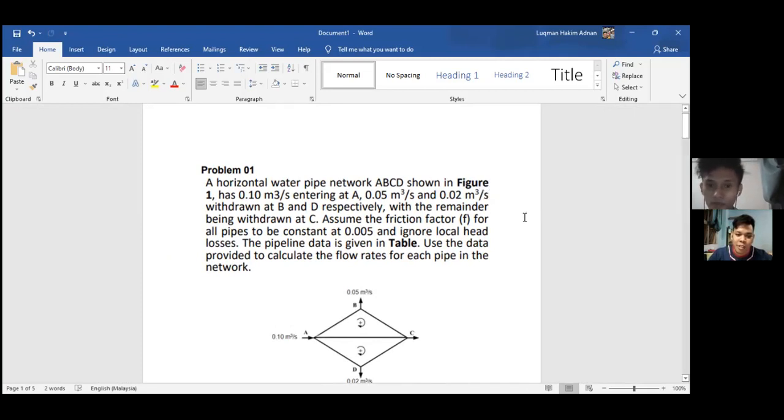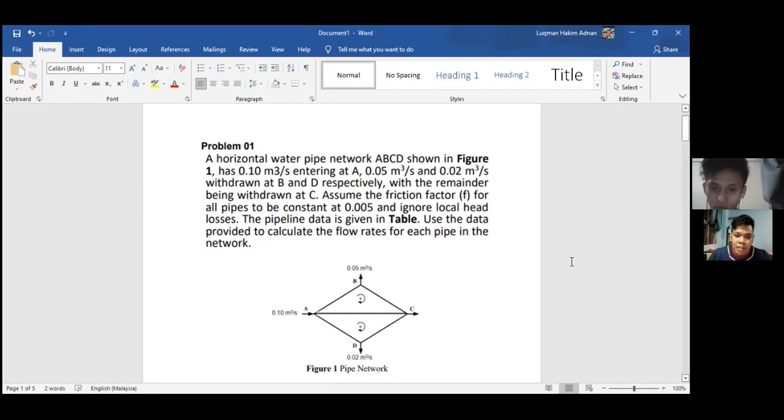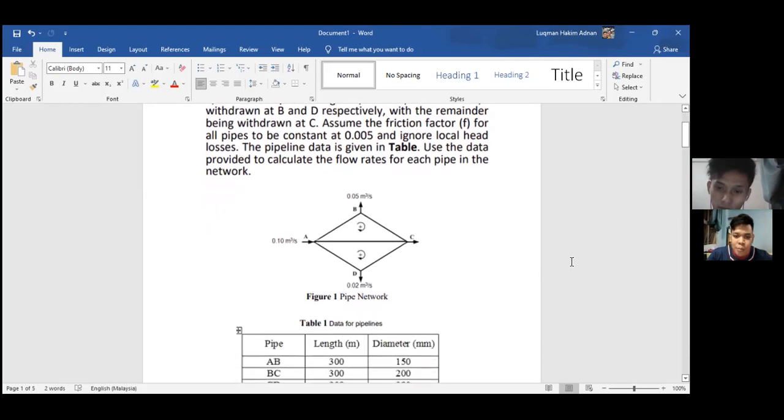A horizontal pipe network ABCD shown in figure 1 has 0.10 meter cube per second entering at A, with 0.05 meter cube per second and 0.02 meter cube per second withdrawn at B and D respectively, and the remainder being withdrawn at C. Assume the friction factor for all pipes to be constant at 0.005 and ignore local head losses. The pipeline data is given in the table. Use the data provided to calculate the flow rate for each pipe in the network.